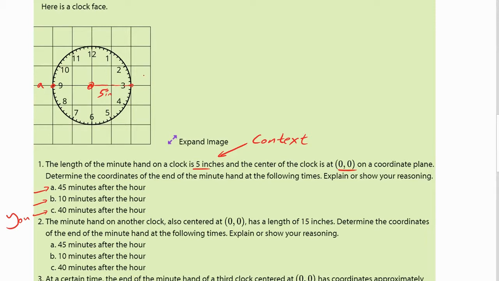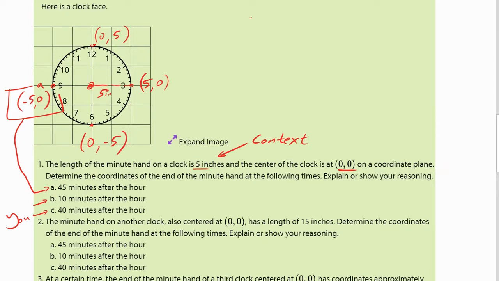So, does everybody agree that this is 5 comma 0? This is 0 comma 5, because again, the minute hand is 5 inches long. So A is just going to be at -5 comma 0. That'd be your answer for part A. And then, of course, if you think about it, down here X is 0, but your Y is now -5.